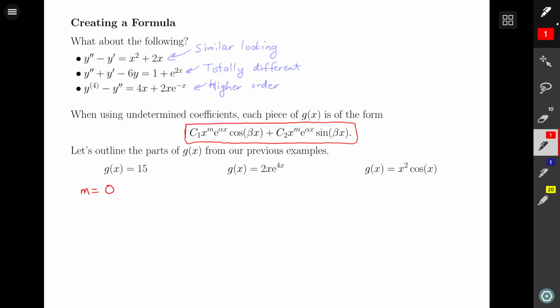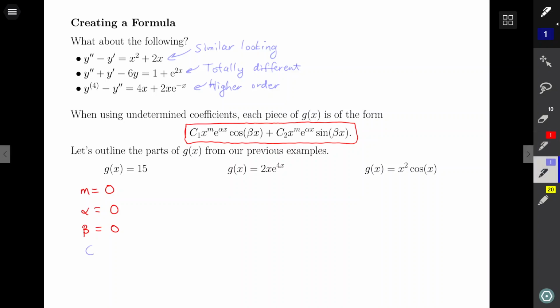The next thing is that there's no exponentials either. So that means that alpha has to be 0. In addition to that, there is no cosine, which means that beta is equal to 0. And then the only remaining pieces are C1 and C2.